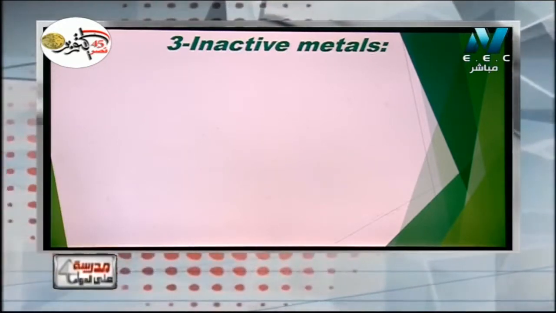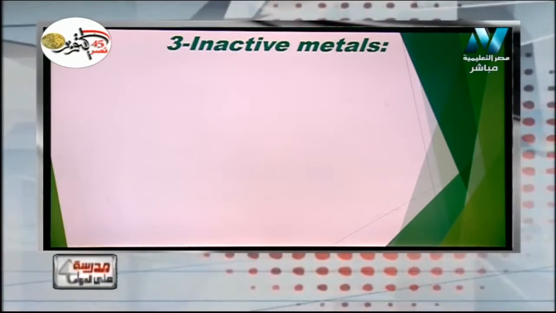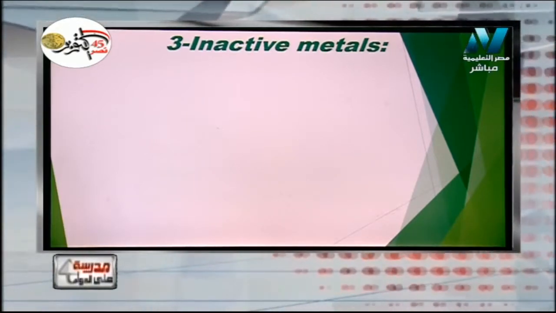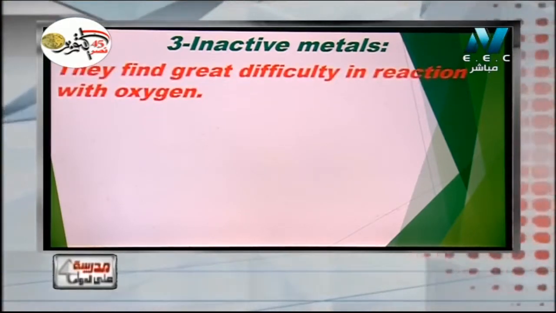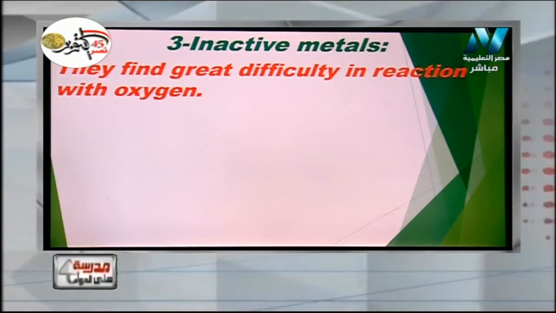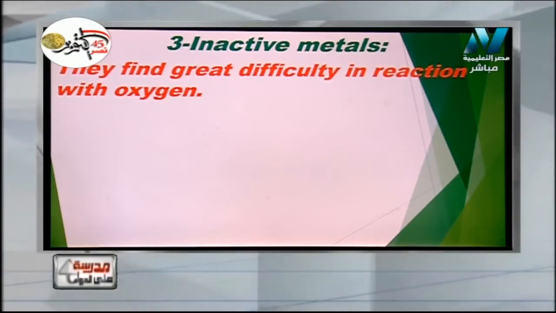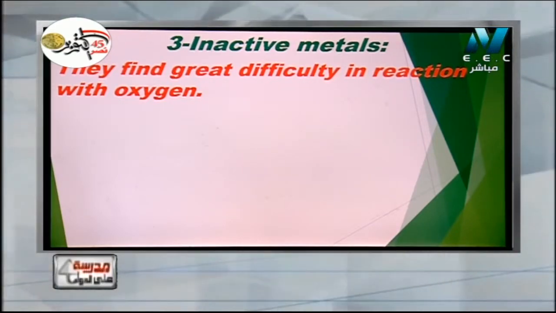And number 3, as we classify metals, inactive metals. What's meant by inactive metals? They are metals that find great difficulty in reaction with oxygen. Not easily, but under some special conditions they can react with oxygen.